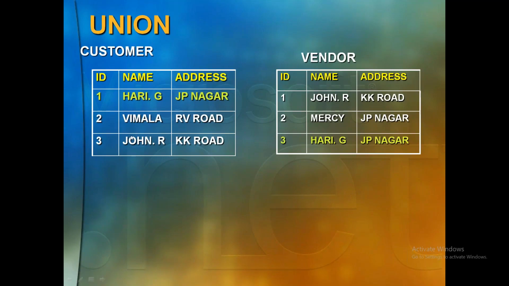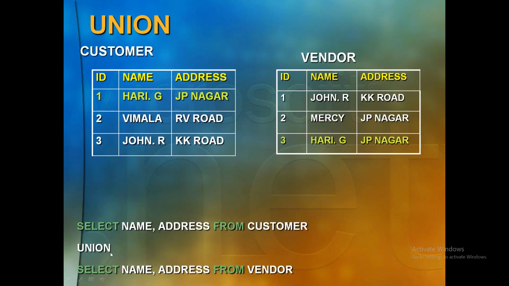If you see carefully, Hari Ji is my customer. Hari Ji is my vendor. John R is my customer. John R, KK Road is my vendor. If I go in for a union, it is going to be eliminating duplicates.